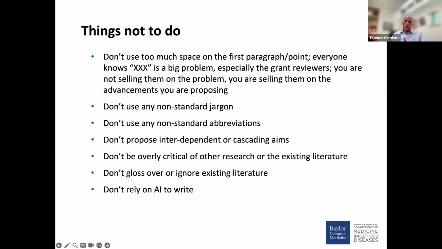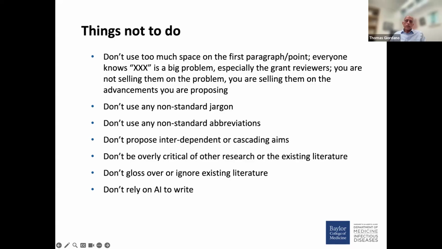Similarly, if you're proposing a diabetes grant, everyone knows diabetes is a big problem. So don't waste your space. Space is going to be critical. Don't waste it on that point. You're not selling them on the importance of the problem. You're selling them on the importance of your proposed solution, your work. That's what you've got to spend your time on.